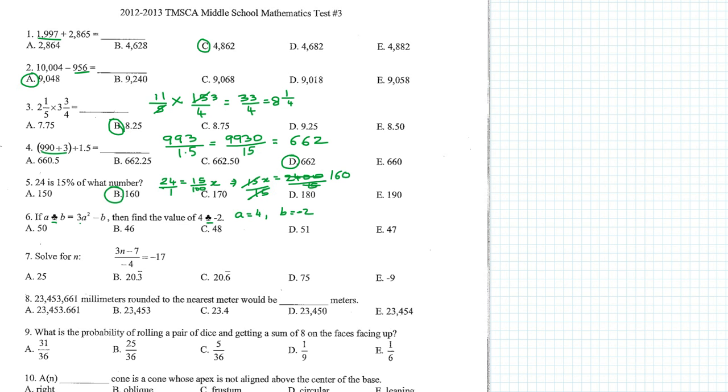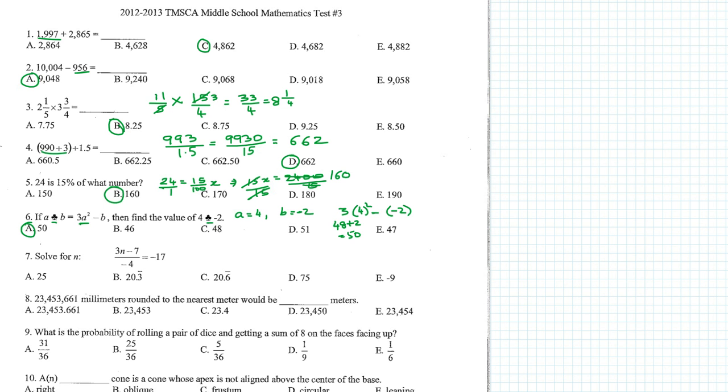So 3 times A square will be 3 times 4 square minus B, and B is minus 2, so we write B like this in parentheses. So 3 times 4 square is 16, so 3 times 16 is 48, and then minus of minus 2 becomes plus 2, so the answer is 50. So we select A as the answer.